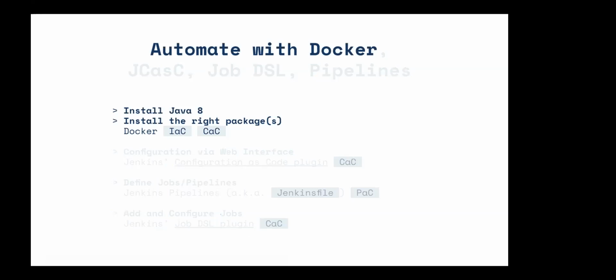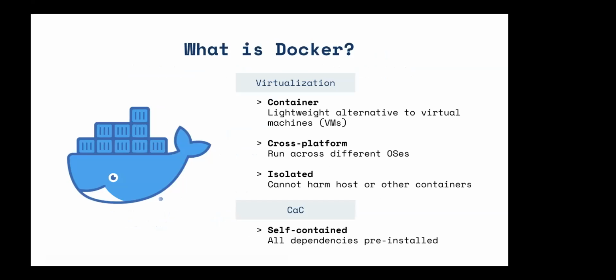So we get started with Docker, which is like the easiest win we can have. For those of us who are not familiar with Docker, what is Docker? Docker is a virtualization tool similar to virtual machines, but it's much more lightweight. It's much more lightweight because virtual machines are based off of a hypervisor, and then you run an operating system on top of the hypervisor.